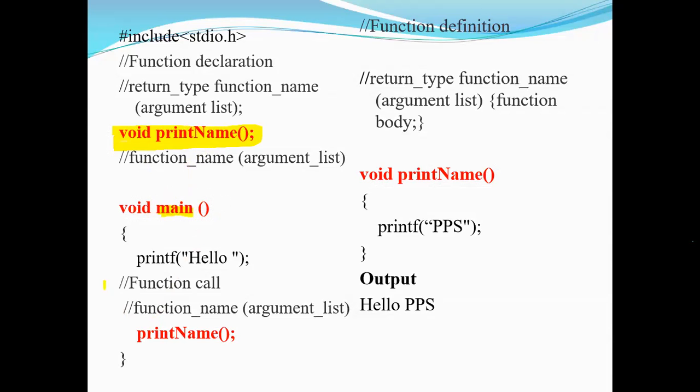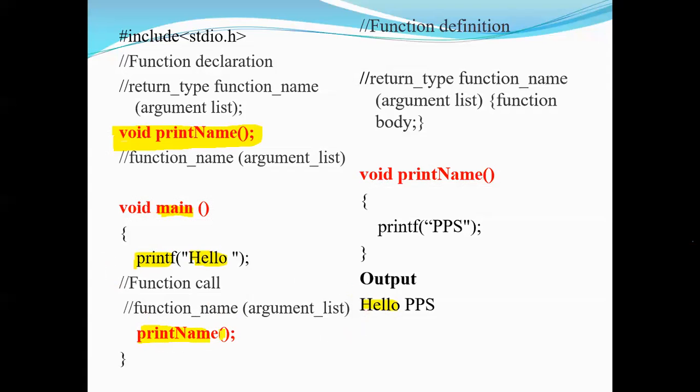Next, the first statement is printf. It is also a function call, and it prints hello. Next, the function call: a function call is the function name and the passed arguments.